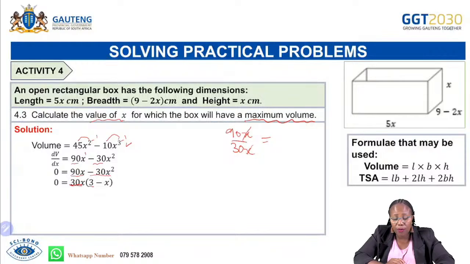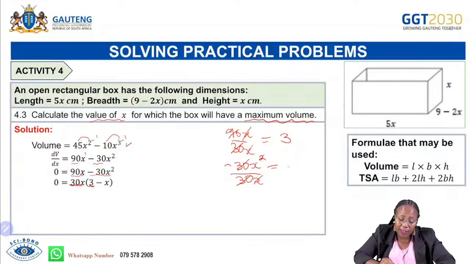The x goes once there, and 30 into 90 goes 3 times. Hence we have 3 there, okay? And then we also take the minus 30x squared, divide it by 30x, and 30 goes once there, and the x will go once there. That is why we have a minus x as our answer for the second term.